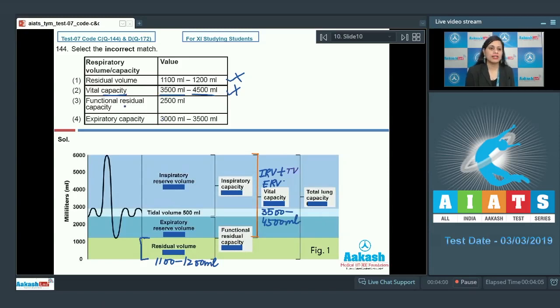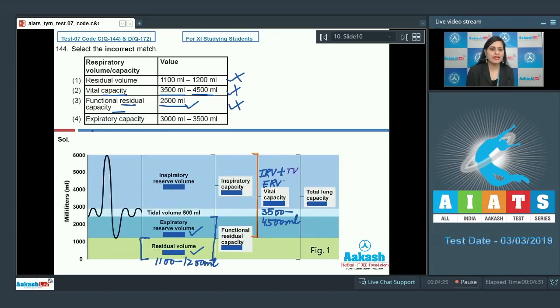The next match given is functional residual capacity, and the match is 2500 ml. This is also correct because functional residual capacity is equivalent to expiratory reserve volume plus residual volume, and its value is near about 2500 ml.